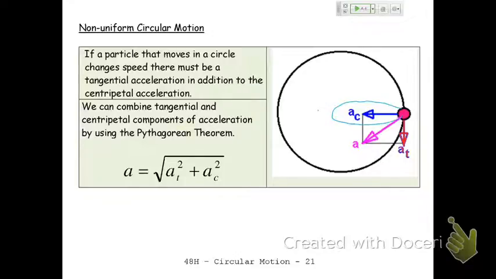But if you are speeding up or slowing down while going in a circle, then clearly you also have a tangential acceleration. All you have to remember is Pythagoras: we can combine two orthogonal vectors using Pythagoras' equation. So my true acceleration is equal to the vector sum of my centripetal acceleration and my tangential acceleration.